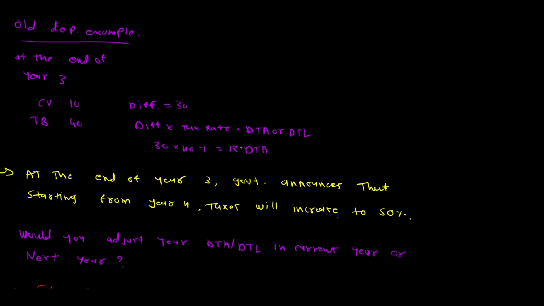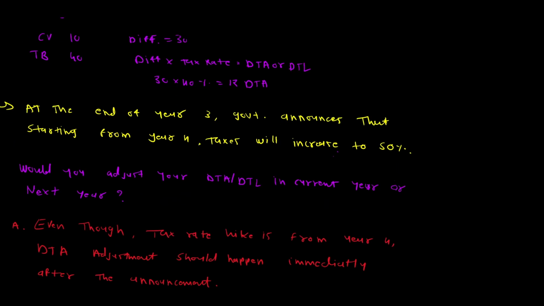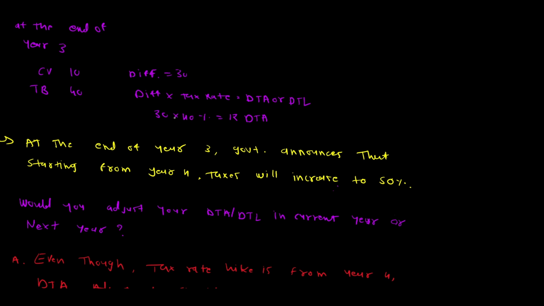Now suppose at the end of year 3, the government announces that starting from year 4, taxes will be increased to 50%. Till year 3, the tax rate is 40%. From year 4, the tax rate will be 50%.